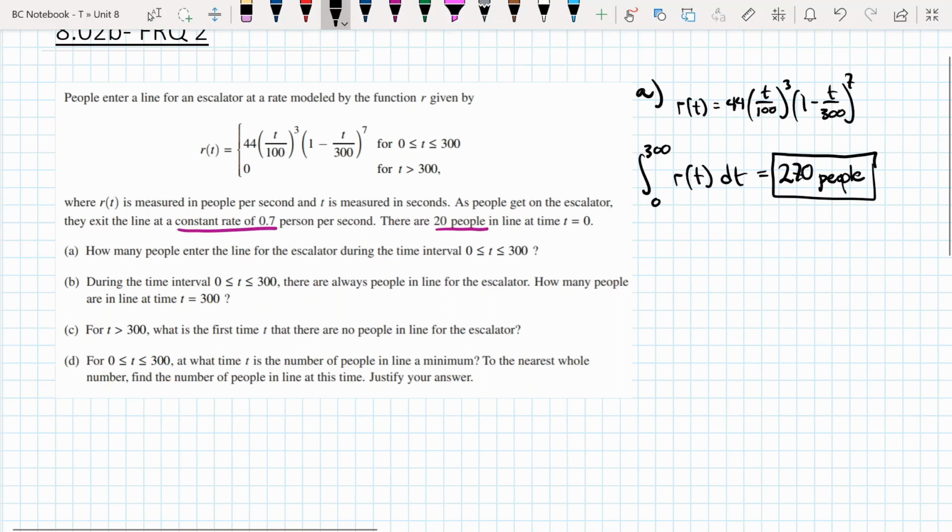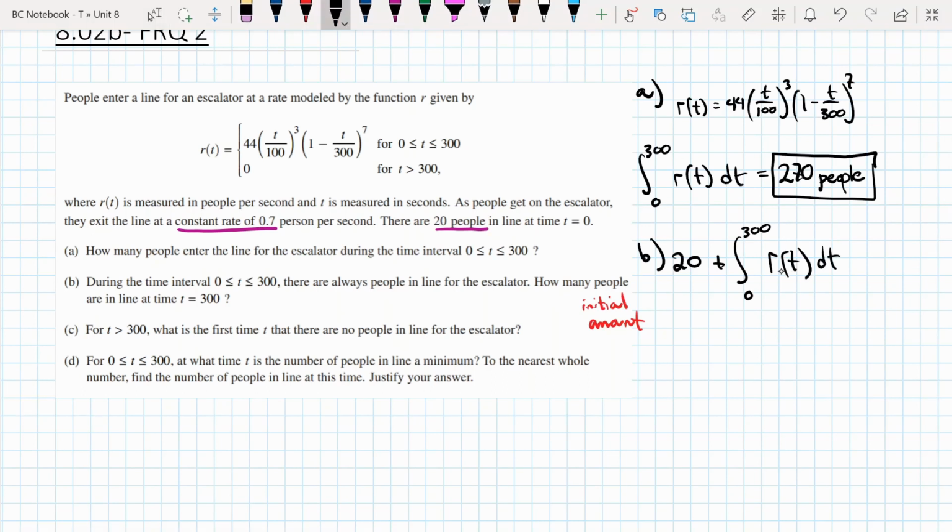So for letter B, the total number of people in the line is going to be the initial amount, plus the integral from 0 to 300 of r of t.